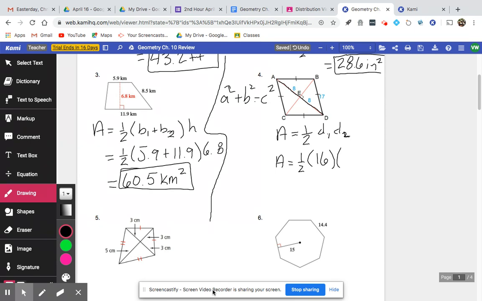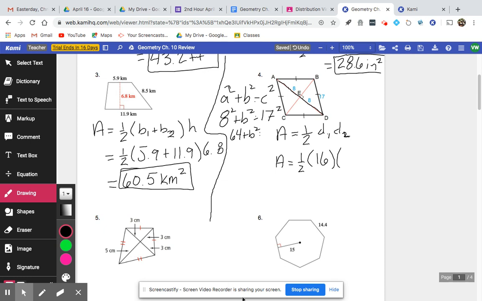We at least know c. It's our hypotenuse, the side farthest away from the right angle, 17. I'm going to call a 8. So we have 8 squared plus b squared equals 17 squared. So we have 64 plus b squared equals 289.